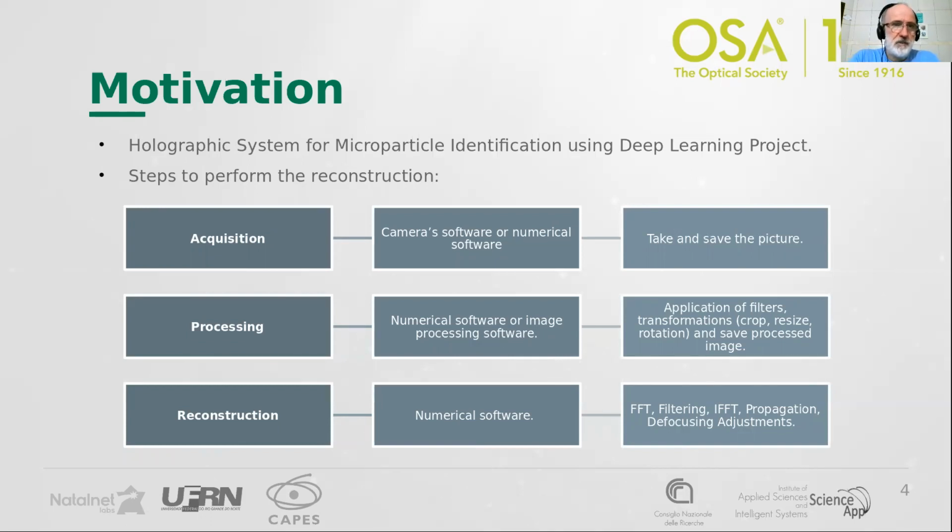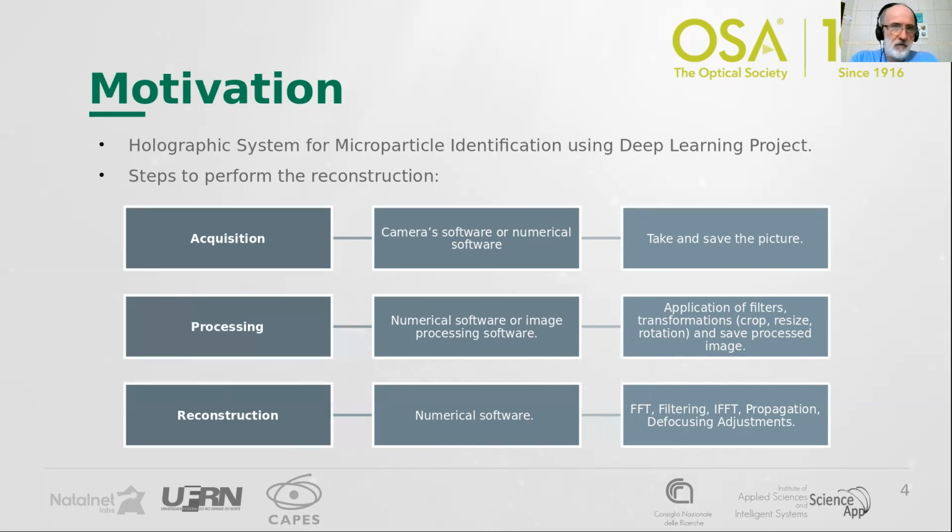And this sequence of steps is the acquisition of the images using some camera software or numerical software. In this case, you just have to take and save the picture. And then we have the processing, where we will apply some filters for doing some enhancements in the image.